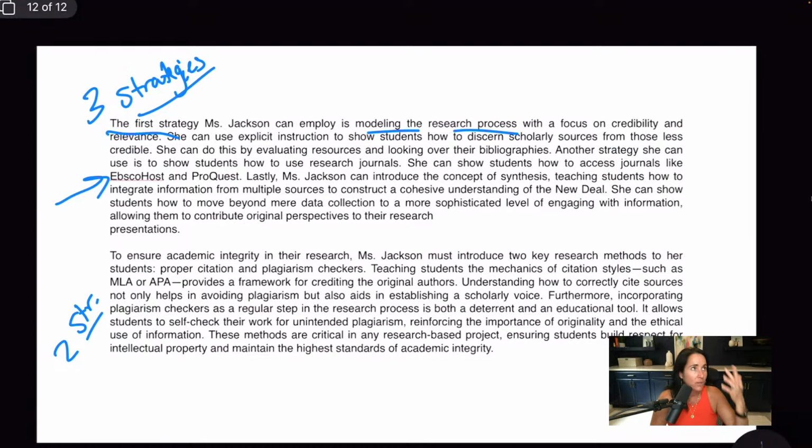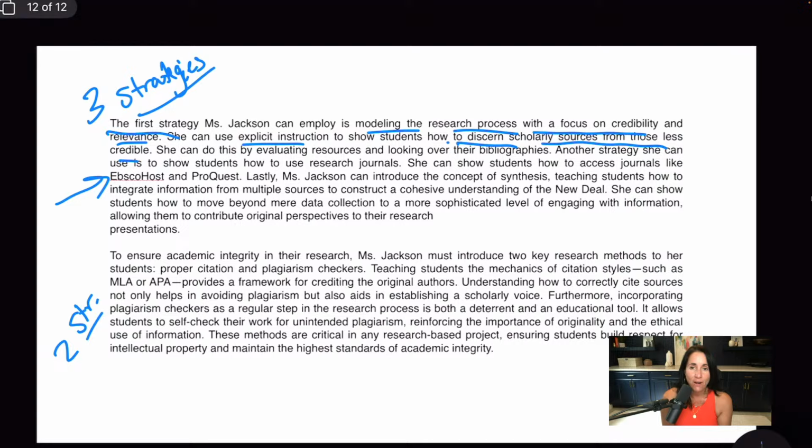Okay. So maybe you were like, oh God, I know 2 strategies. What could be my 3rd strategy? Modeling, model comprehension, model phonics, model writing, model. That can be one of the strategies. Okay. And with a focus on credibility and relevance, she can use explicit instruction, more good words, to show students how to discern scholarly sources from those less credible.